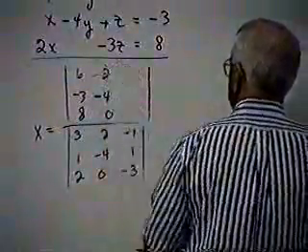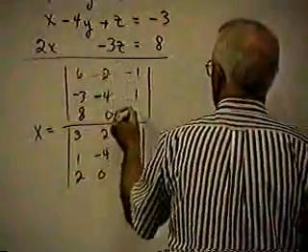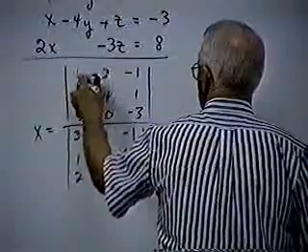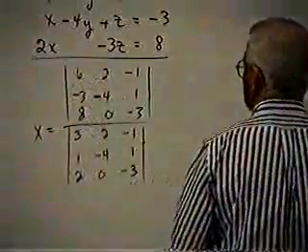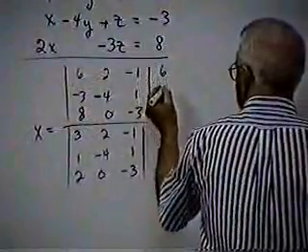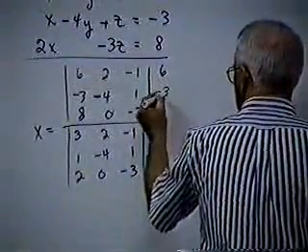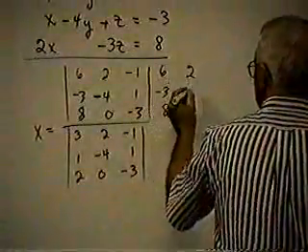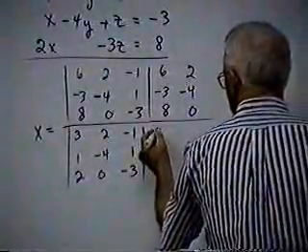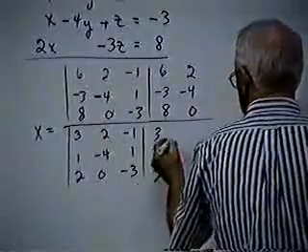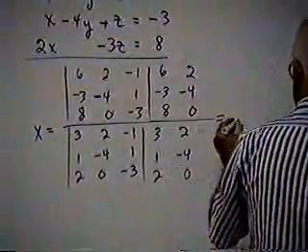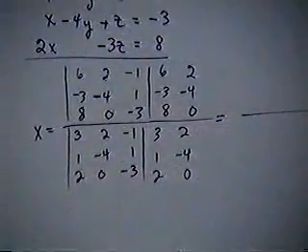Okay, and this is minus 1, 1, minus 3. And this is 2, minus 4, 0. All right, we will recopy, excuse me, the first two columns. And now we're going to work it.